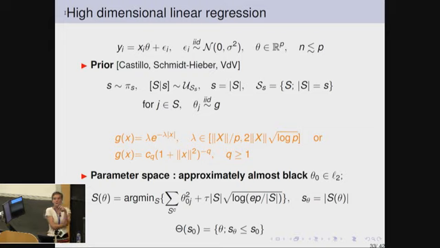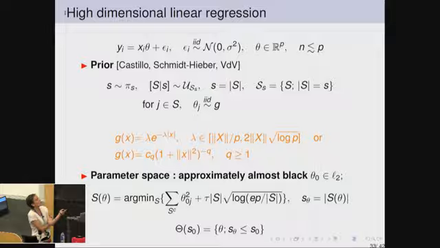Now, there are all sorts of priors, like the spike and slab, so families of priors can be done by selecting the size of the non-null coefficients. Once you have selected the size, you select the set of non-null coefficients that has size S. And once you have selected the set of non-null coefficients, then you put a prior on these coefficients. The spike and slab is a special case of these.